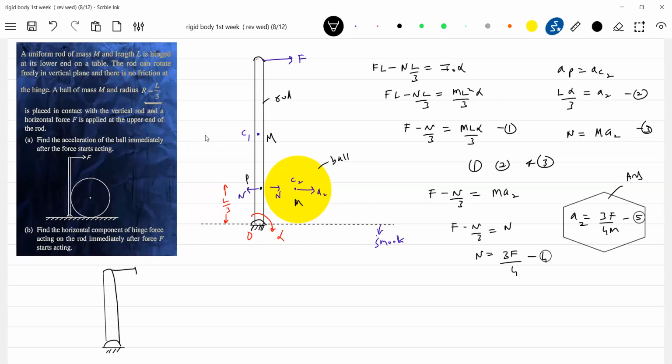F normal contact. The hinge force, I'll call that Rx. Here, it will have acceleration AC. Can we calculate the acceleration of the center of mass first? It should be L by 2 alpha.